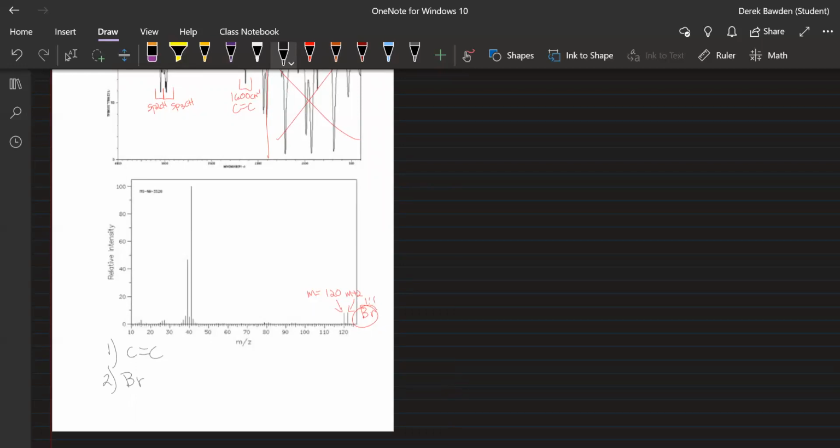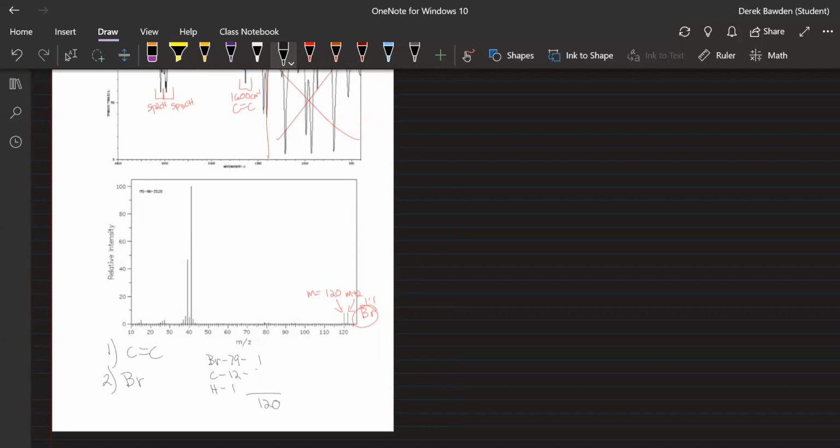So our mass needs to add up to a total of 120. Bromine weighs 79 grams per mole, so we're definitely going to have one of those. Carbons weigh 12, hydrogens weigh 1. How many carbons do we think? 3.